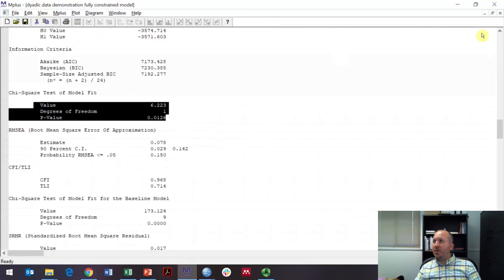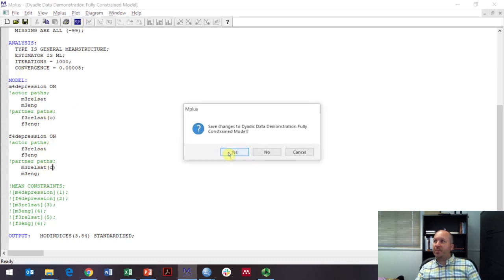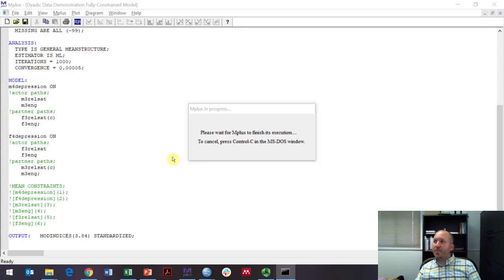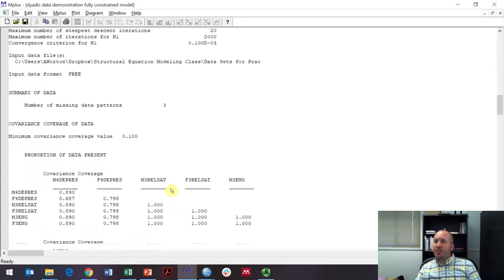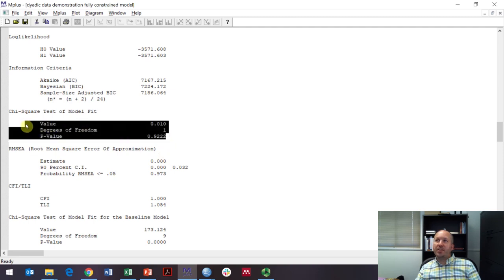All right, now I am ready to start with my partner paths. So I can get rid of those 2, and now I'm going to test my first partner path. So now I have relationship satisfaction, my partner path on both of them constrained to be the same. I'm going to check my chi-square. And my chi-square, now we have our first that is the same.